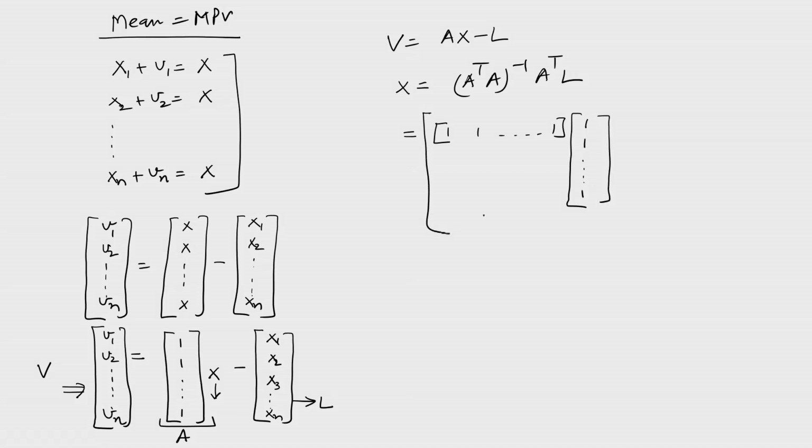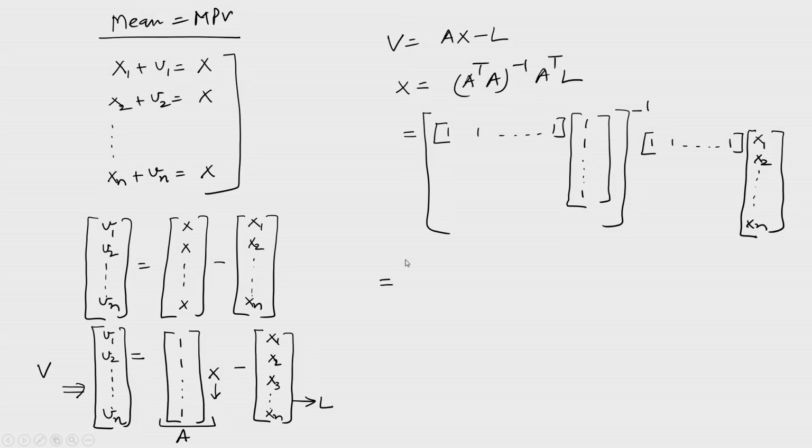Okay, the whole inverse I will take. Again the AtL, At is nothing but 1, 1, 1, and the L matrix is nothing but, I can write here, L matrix as x1, x2, xn, right.